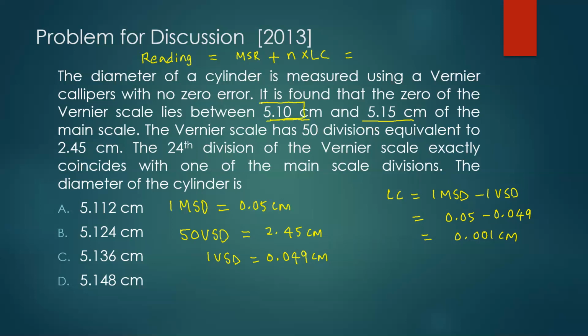So the main scale reading will be 5.10 centimeters plus 24 multiplied by the least count, which is 0.001. So we should get 5.124 centimeters. Okay, so you understand this? So the answer should be B.